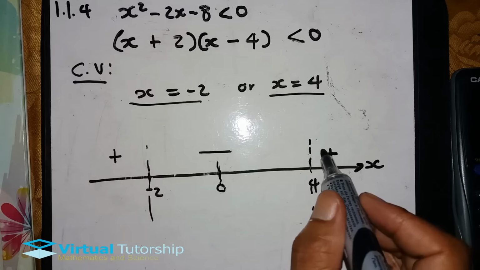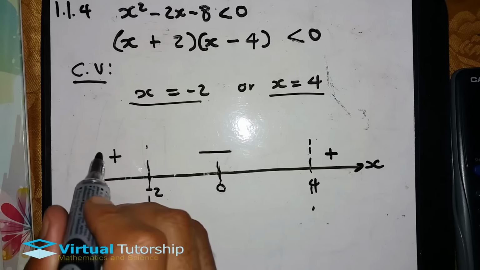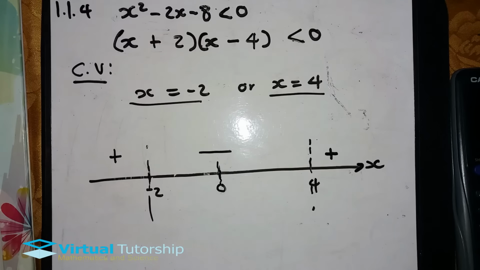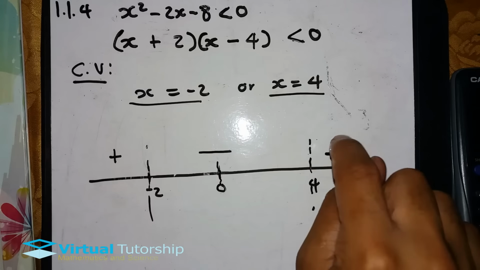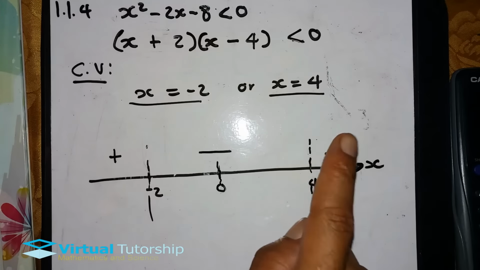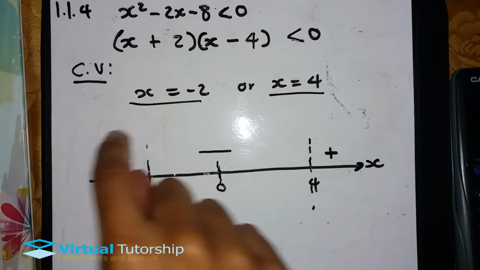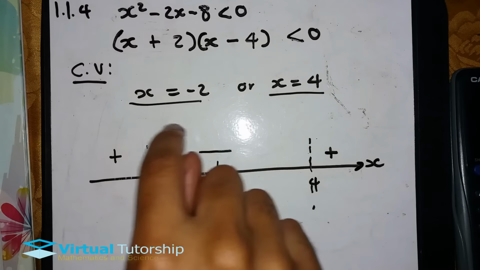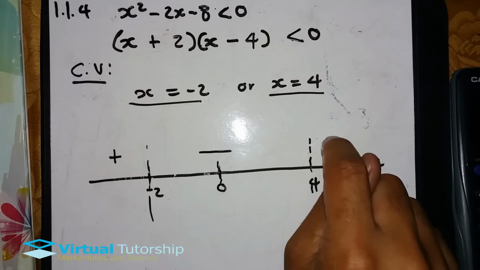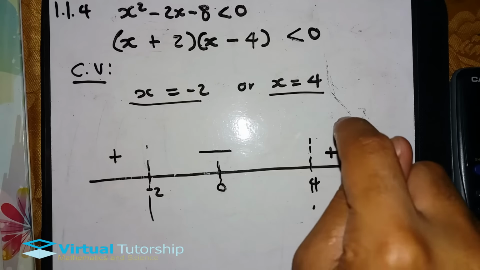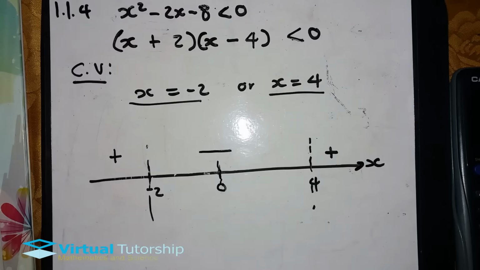So in other words, if it was negative here it would be positive, then negative. So in other words the signs must alternate. So here it's positive, negative, positive. If it was negative here, it would be negative, positive, negative.